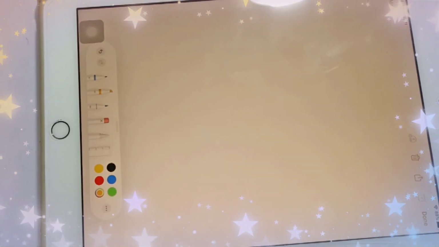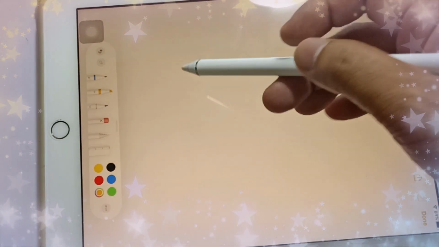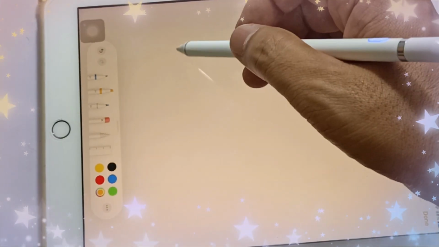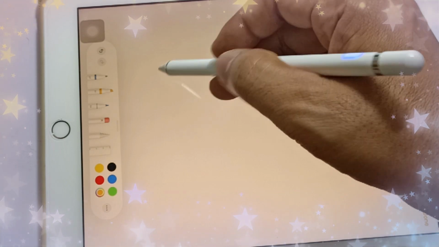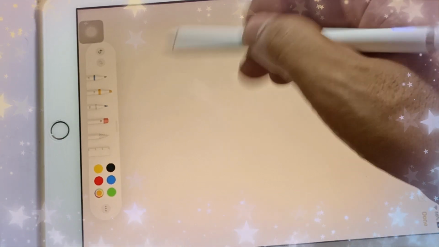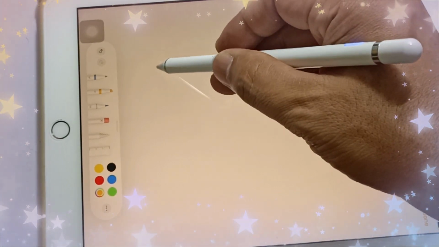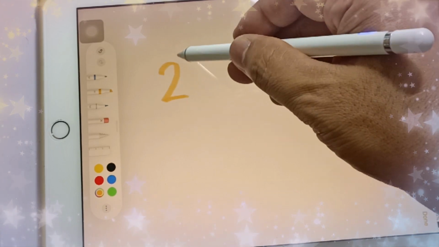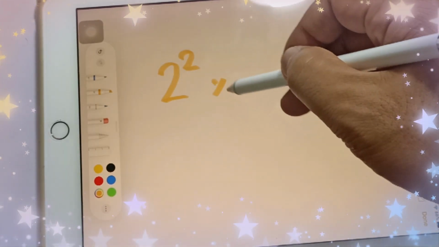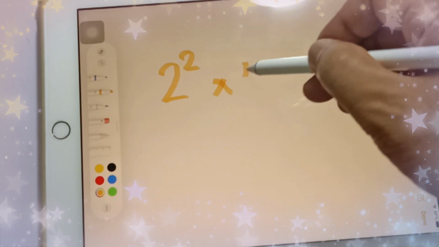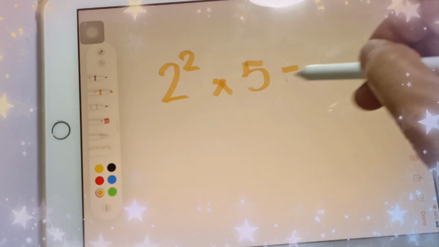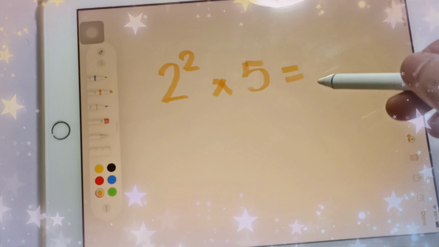By this time, what if the given are the prime factors of a number? For example, if you have 2 squared times 5. So what is the number?